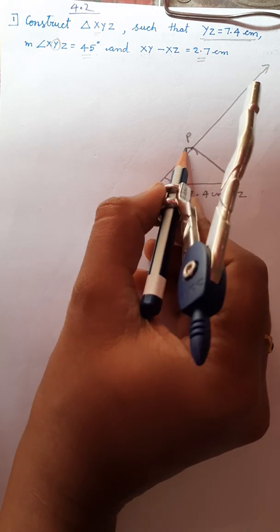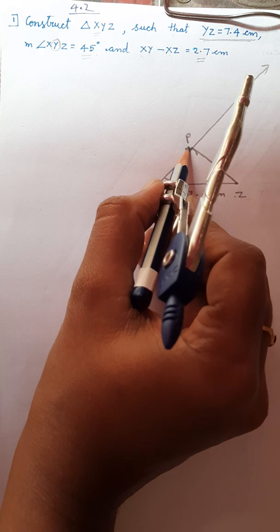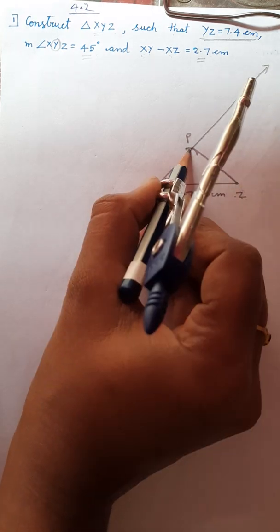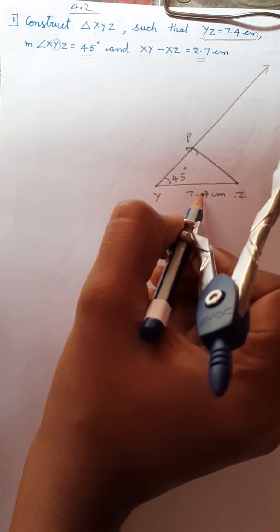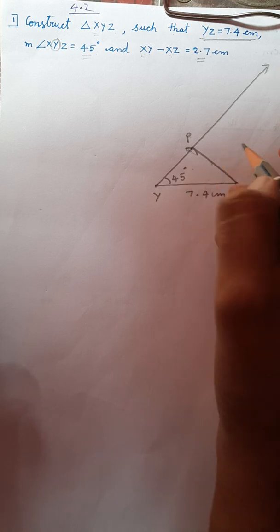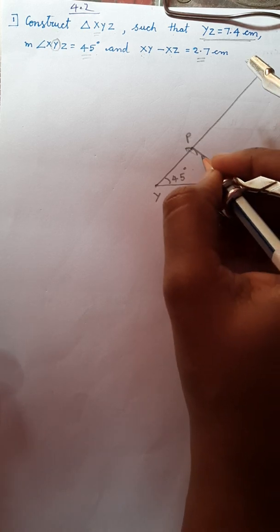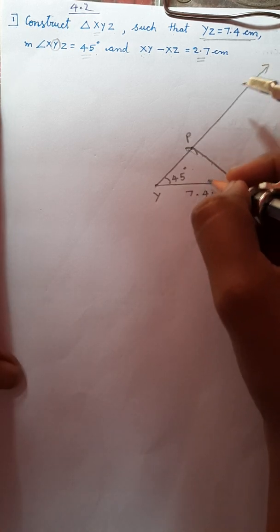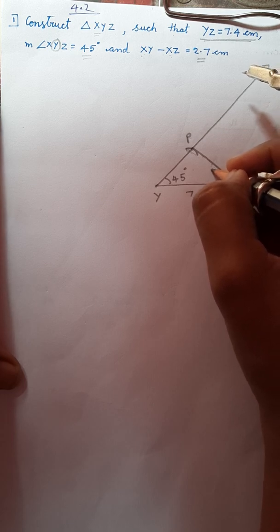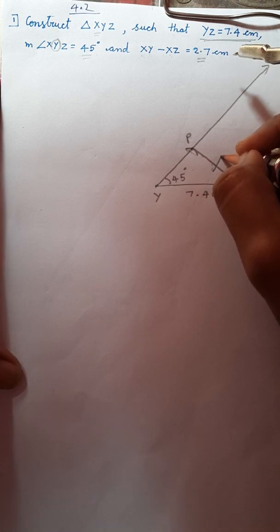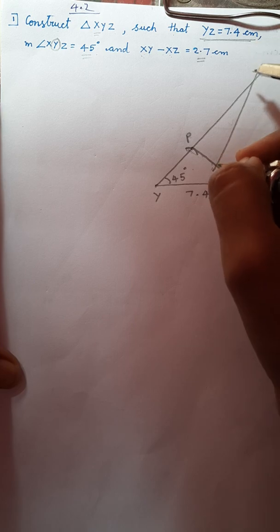So this extra line drawn, PZ, this length we will bisect. So draw the bisector by taking more than half of this length, and it crosses at the exact half, like this.